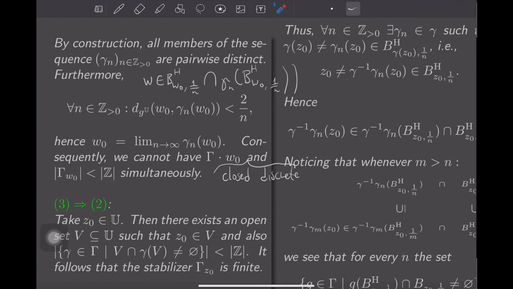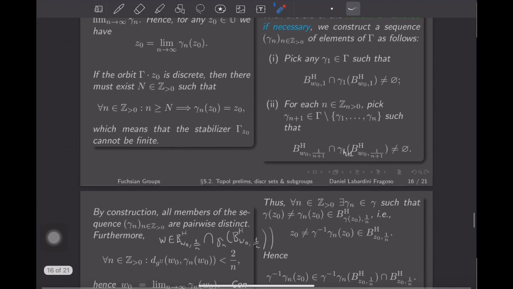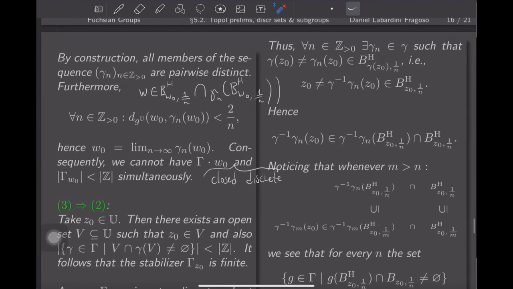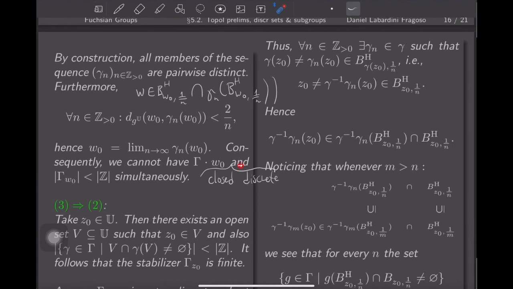Because if the orbit is closed discrete, then from this, what I obtain is that this sequence is stationary, and if it's stationary, then all those gammas fix W naught, but those gammas by construction were all different. So I cannot have at the same time closedness and discreteness of orbits and finiteness of stabilizers.